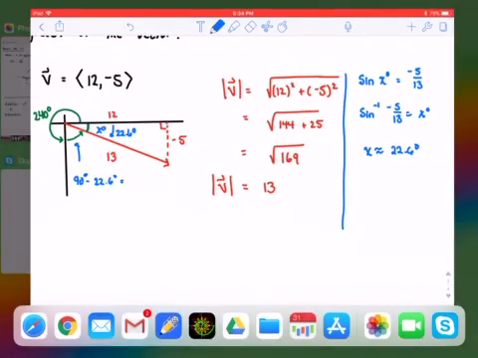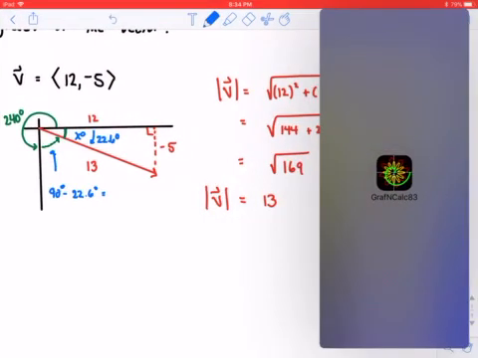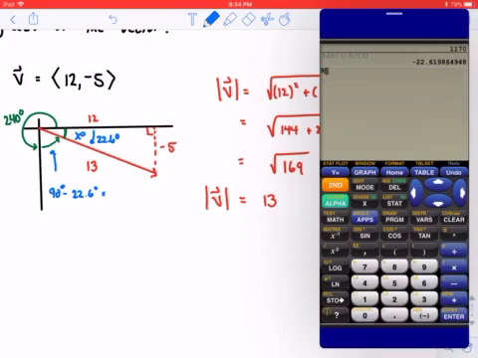So let me pull this up here. And let me go 90 minus 22.61984948. I'll just use the whole thing. I'm going to subtract that and get 67.38 degrees.